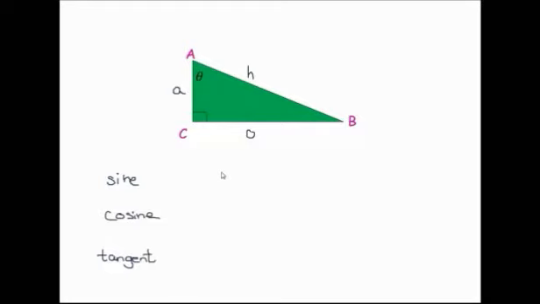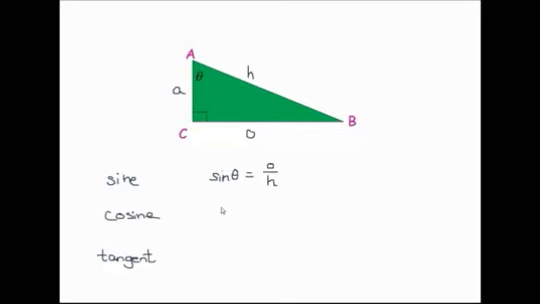Okay, and the relationship for sine is the sine of any angle, theta, is equal to the length of the opposite side over the hypotenuse. Okay, so the sine is equal to the opposite over the hypotenuse.